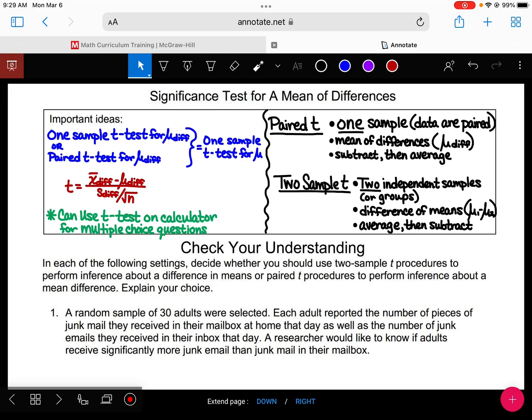If you have two different sample sizes, it has to be the bottom one, because we can't pair the data if we have samples of different sizes. If anywhere in the setup of the problem they talk about pairing this data, obviously you would have to use the paired t.